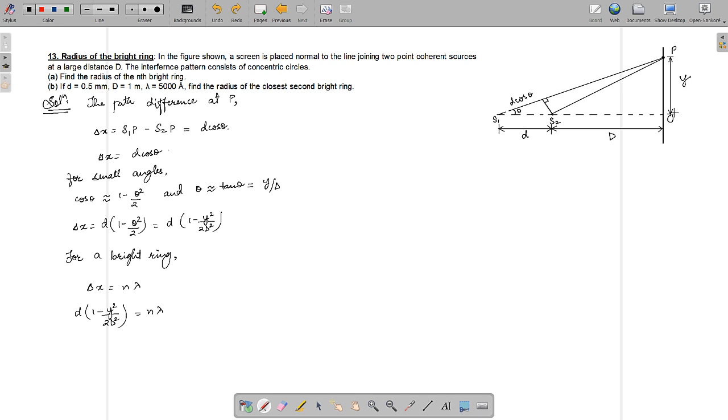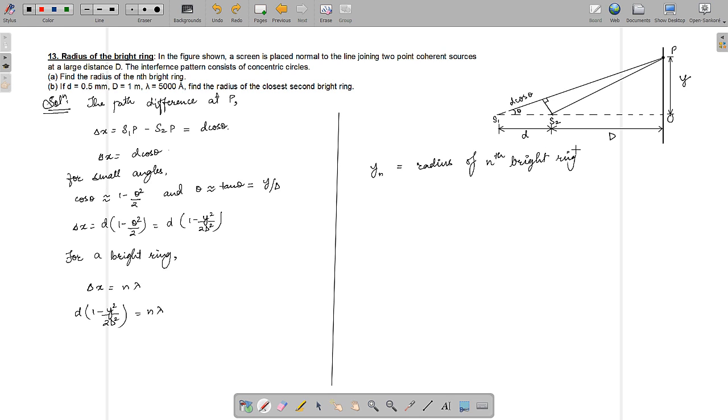As you can see, y will be the distance from the central maxima or point O, so y will be the radius of the nth bright ring.